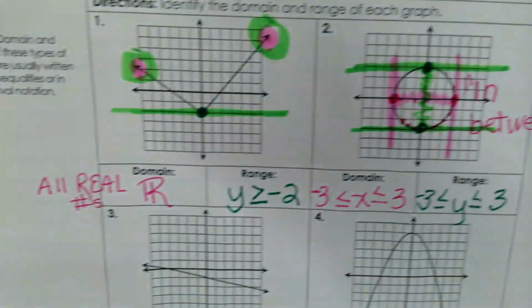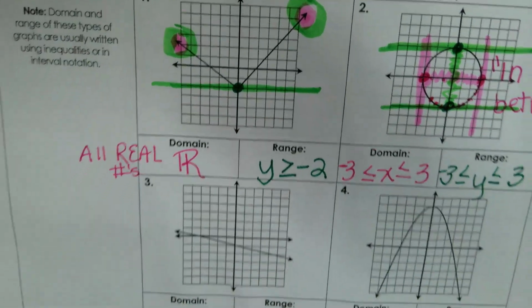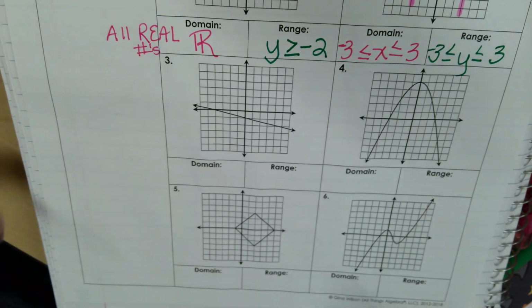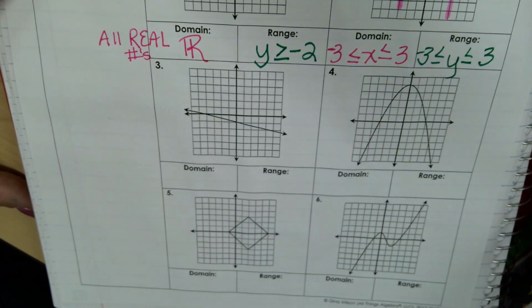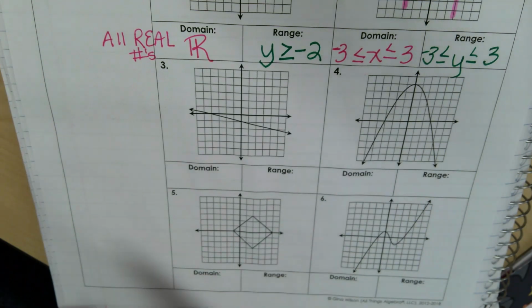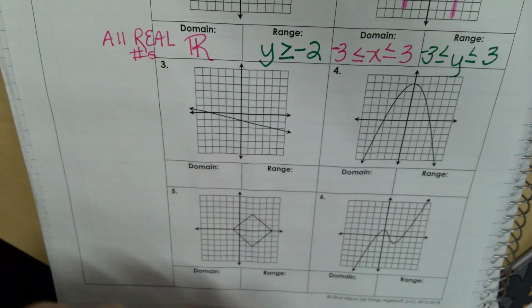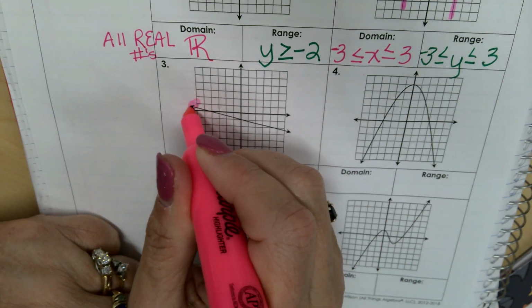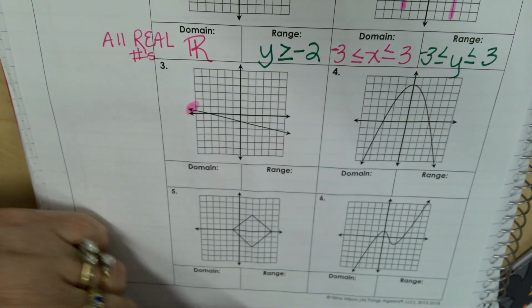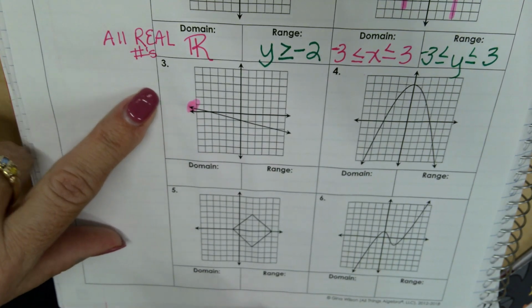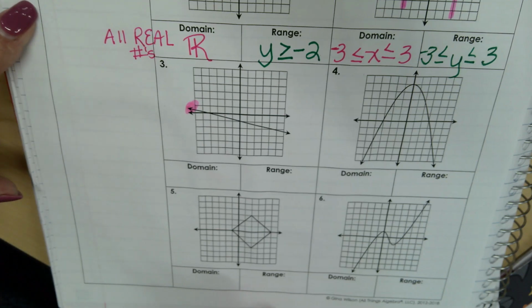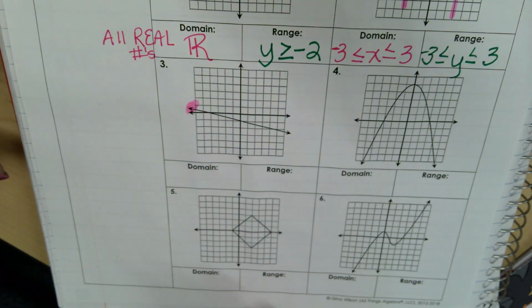All right, now number 3 is different. It's a straight line, right? Let's find out what this graph is doing going to the left and going to the right, the domain. As I'm going to the left, see that arrowhead? It means it's going on and on forever and ever, wider and wider to -infinity.